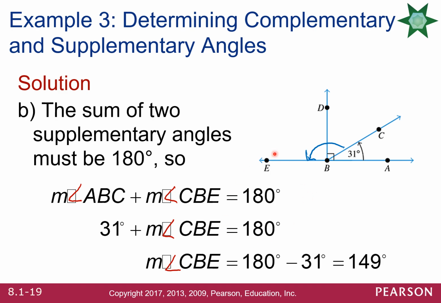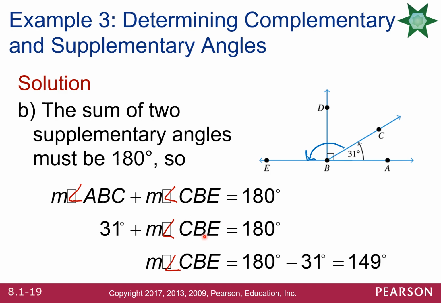Again, it's the same process. You have to create an equation, so to speak, but this time on the other side of the equation we have 180 degrees, because supplementary angles add up to 180 degrees. So measure of angle ABC plus measure of angle CBE together equals 180 degrees. Substitute your 31 degrees for ABC.